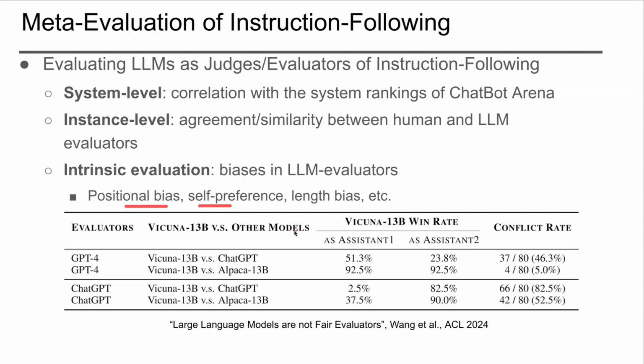And then sometimes the models prefer their own output. For example, if you use GPT-4, it tends to select GPT-4 generated output versus others. There is also a significant issue with length bias. A lot of models, if you use them as evaluators, tend to prefer longer output versus shorter output.